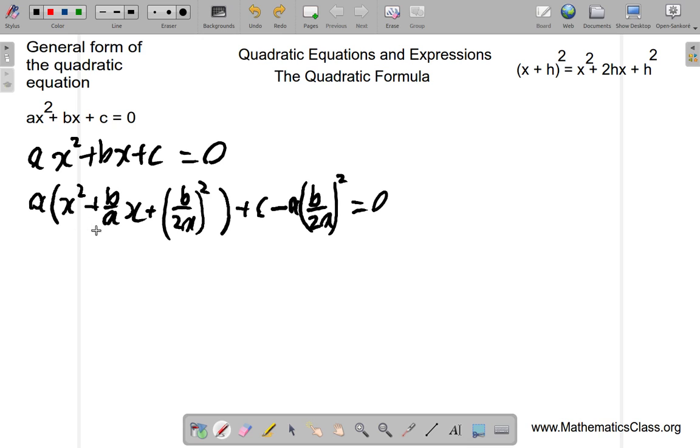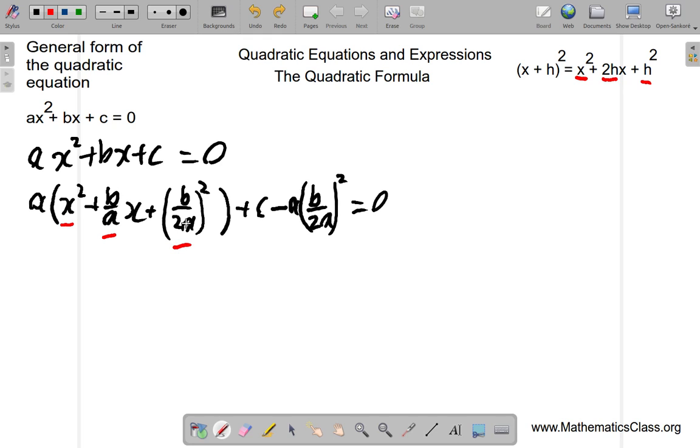Now, inside the bracket here, notice it's in the form of a perfect square. The x squared and the x squared. We have the number that multiplies x, half of that number, and we square it.